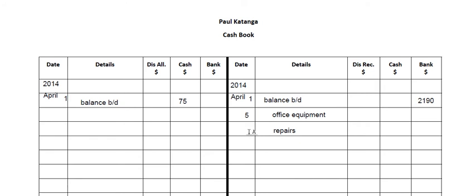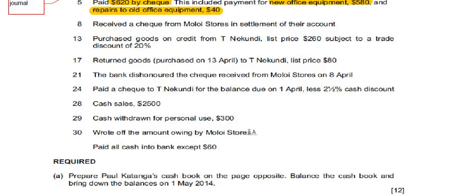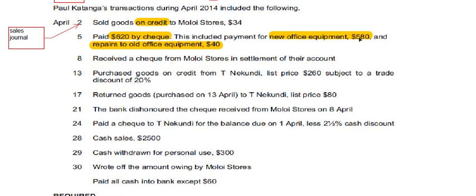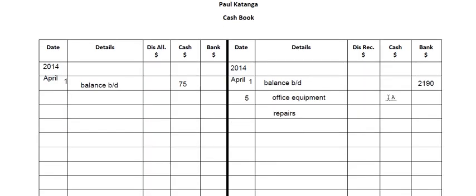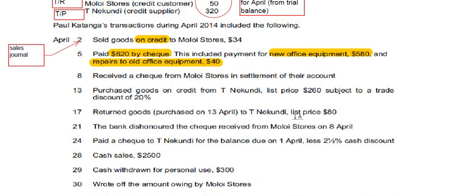It has to be recorded separately in the bank column. So let's go up and see the amounts again. Office equipment was 580 and repairs is 40. So 580 and 40 in the bank column. So 580 for office equipment and 40 for the repairs. Let's go up, see the next transaction.